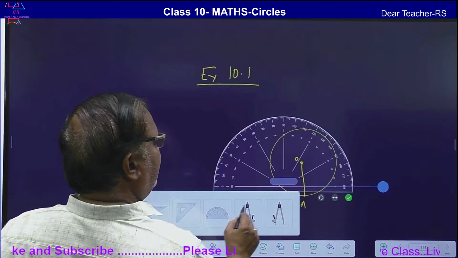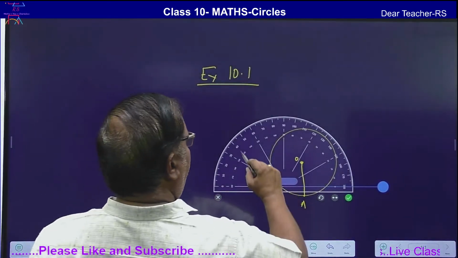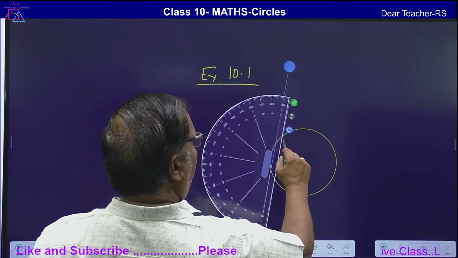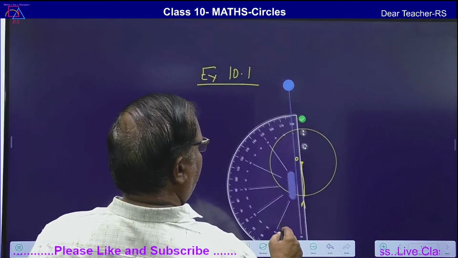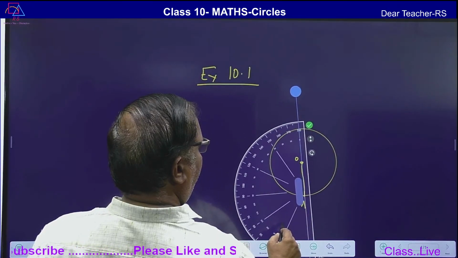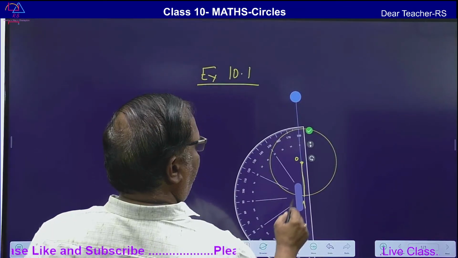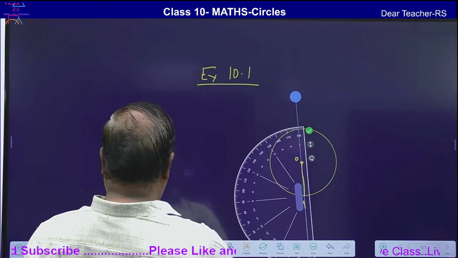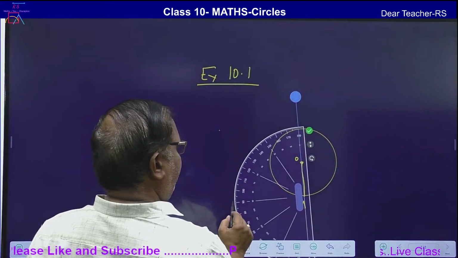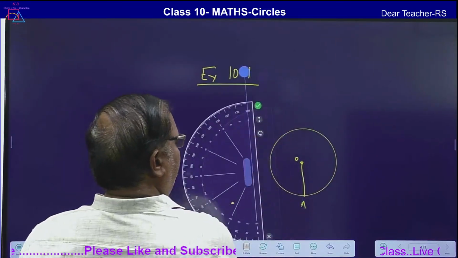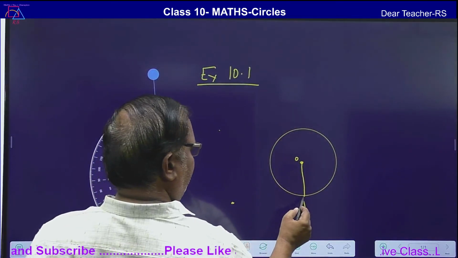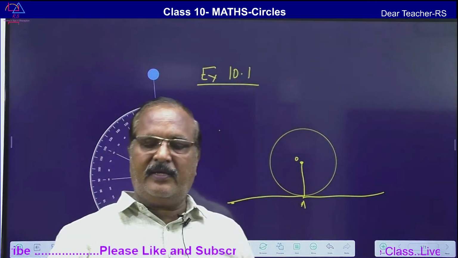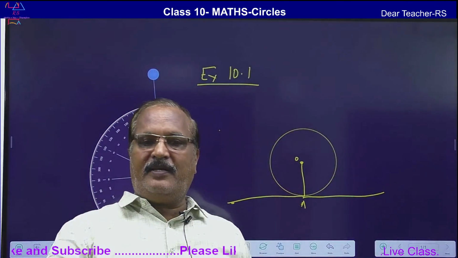You make it like this, and this line should be on the radius. Mark a point at 90 degrees, remove it and join these two lines. You can use a protractor, you can use a set square, you can even use the compass.